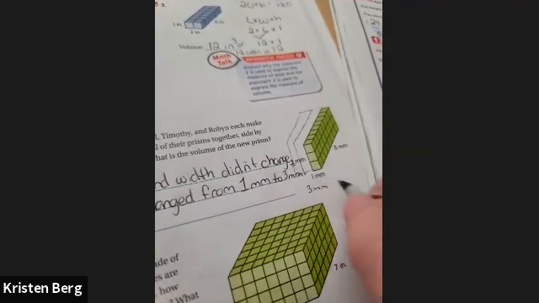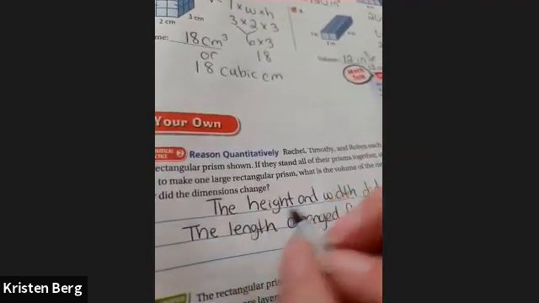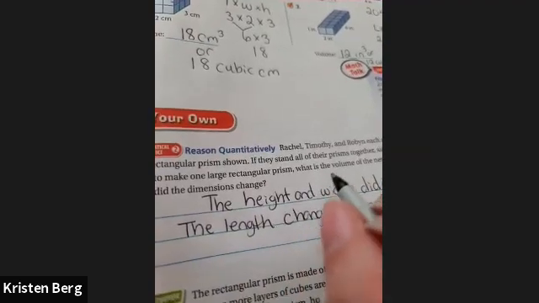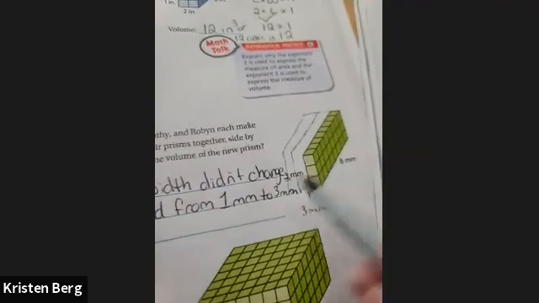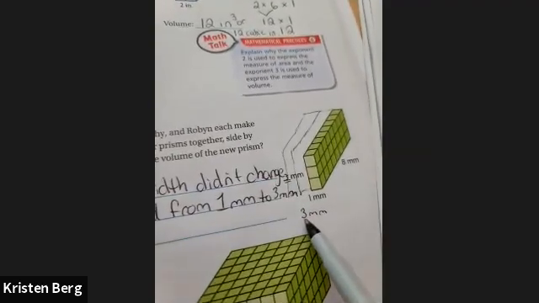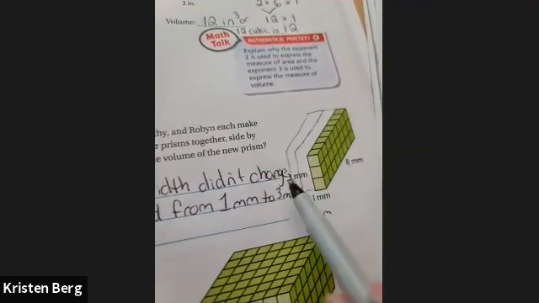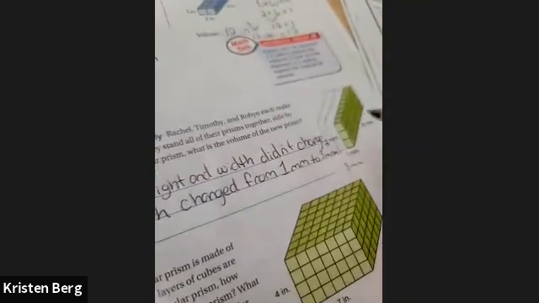All right, so to solve this, so then it says, what is the volume of this new prism? All right, so now we got to figure out what would be the new thing. Now remember, this one would be 3 by 8 by 3 is the height. So to do this, and you don't have to do it in that exact order. If you know that those 3 are there, remember this is all a rectangular prism. We're all timesing these numbers.